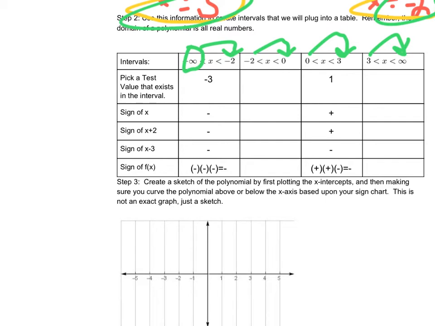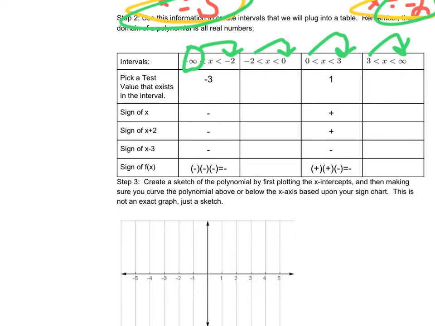For this first interval, I chose negative 3, because negative 3 is a nice value. It's not too big, and I can plug it in. Then I plug it into each of my factors. If I plug negative 3 into x, that's a negative number. If I plug it into x plus 2, I get negative 3 plus 2, which is negative 1. That's negative.